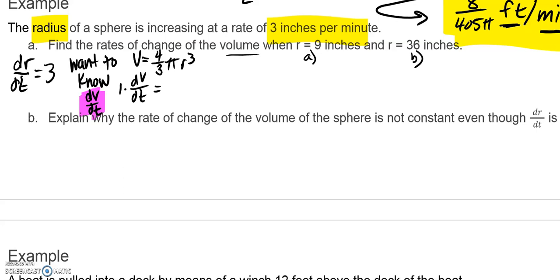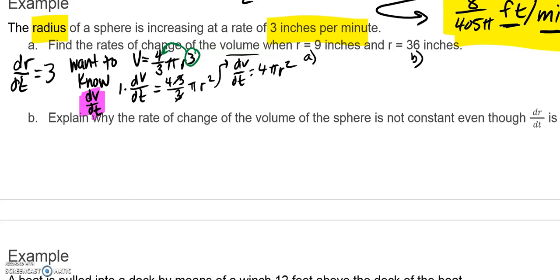And then you would bring this 3 down, because r is your variable there, pi is a constant. So it's going to be 4 times 3 over 3 times pi times r squared. And those 3's will cancel, so we can rewrite dV/dt as just 4 pi r squared. Okay, so that's the relationship between the change in volume and the time.